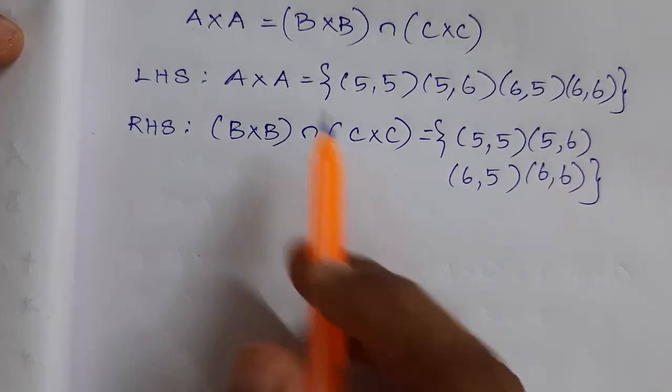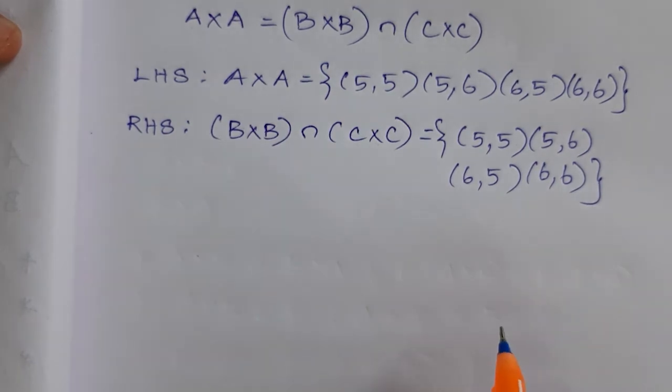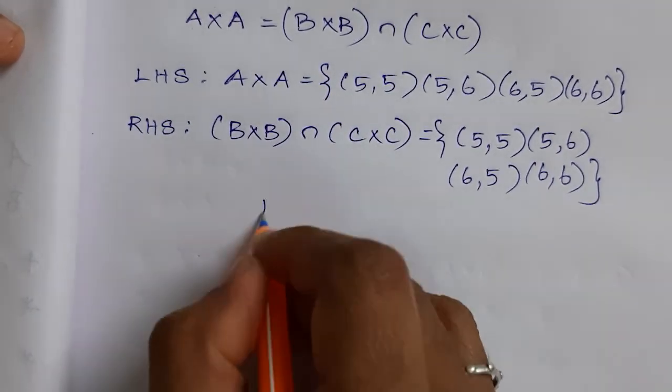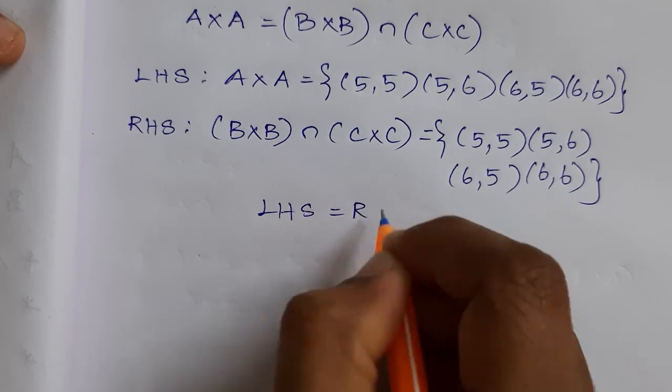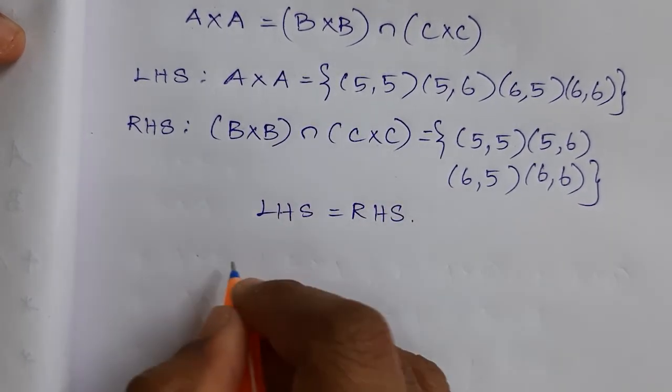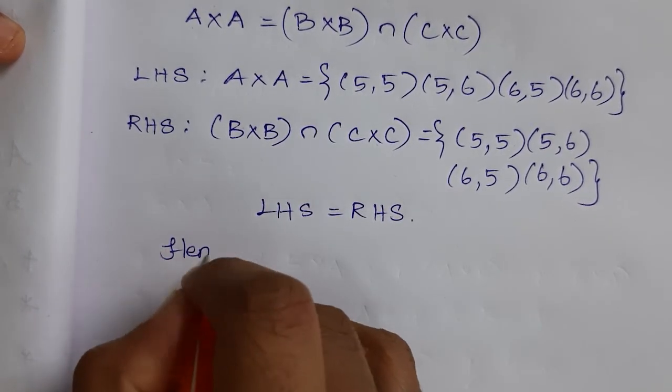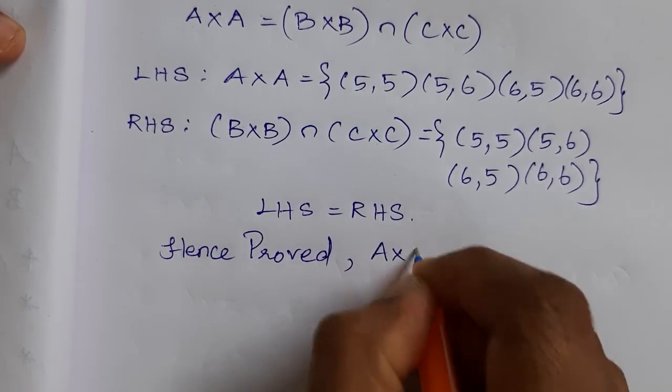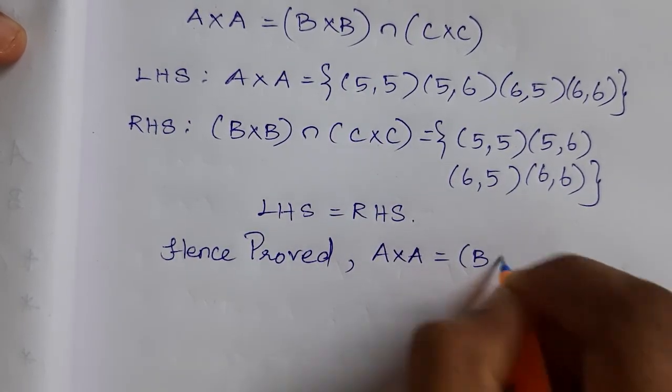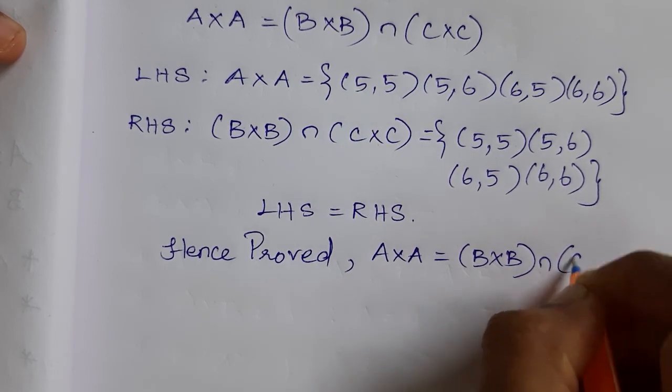Now you could see that your left hand side and right hand side are equal. LHS is equal to RHS. So hence we have proved A cross A is equal to B cross B intersection C cross C.